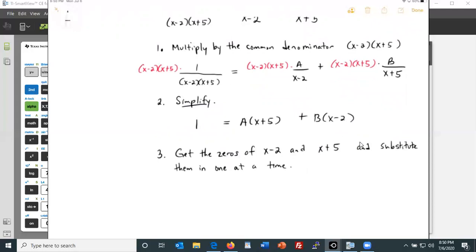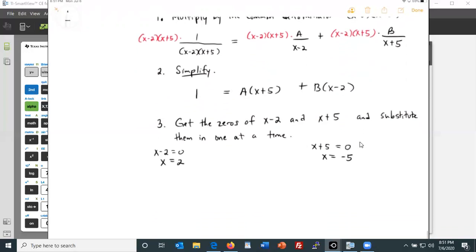So what are the zeros of x minus 2 and x plus 5? Well, the zero of x minus 2, when you set it to 0, is x equals 2. And the zero of x plus 5, when you set it to 0, is minus 5. And now we're going to substitute these in one at a time, into this part here from step 2.